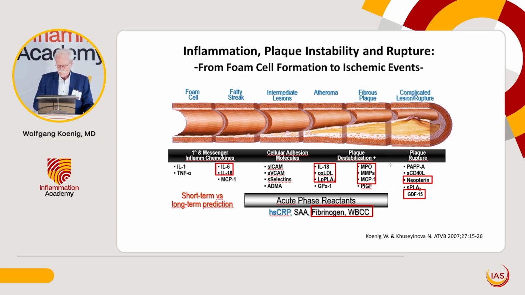It's quite a number of them, but I will briefly talk about fibrinogen, white blood cell count, IL-6, which is of specific importance, IL-18, oxidized LDL, Lp-PLA2, interesting molecules. Then myeloperoxidase, MMPs, MCP-1. Those are the ones that I selected. As you see, there are many others, but time is limited.